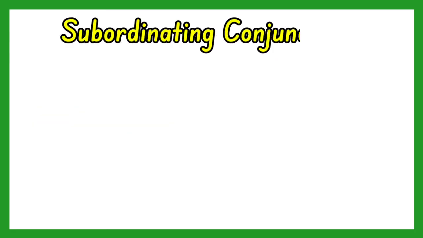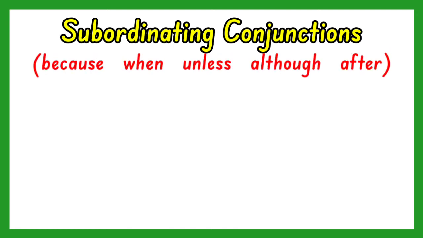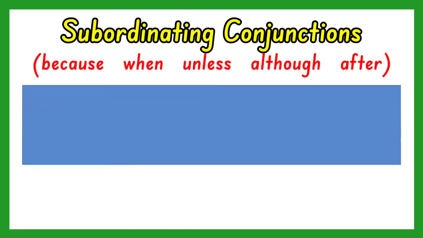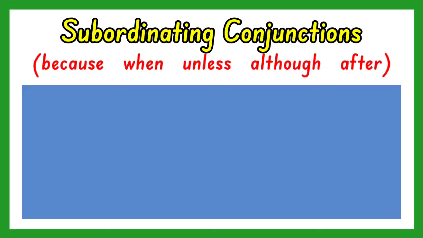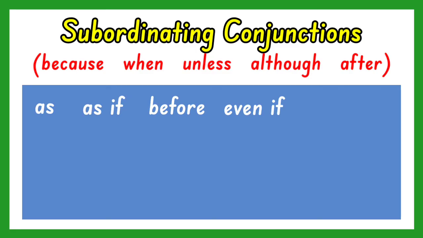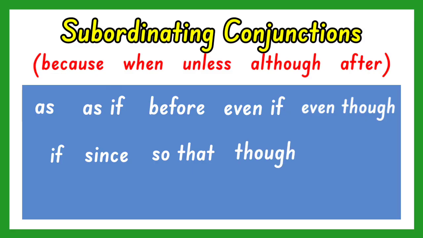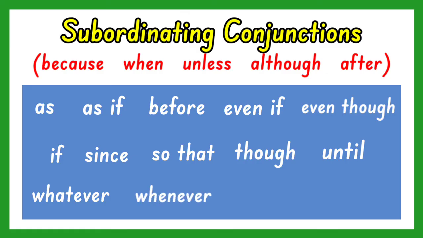Aside from those conjunctions used in our previous examples, there are several other subordinating conjunctions that are used to introduce dependent clauses. These include as if, before, even if, even though, if, since, so that, though, until, whatever, whenever, whether, and why. Is it understood?